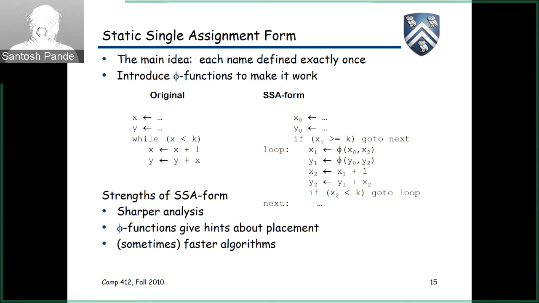The big difference is this: on the left-hand side, you can see that we have the IR statements. x is equal to something is the first statement, y is equal to something is the next statement. And then we have while x less than k as the third statement. Below that, we have x is equal to x plus 1 as another statement.